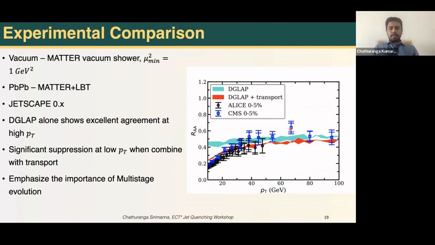As you can see in this graph, DGLAP alone shows excellent agreement at high pT. But at low pT, the suppression is not sufficient to describe the experimental result. But when we include DGLAP with transport using the multi-stage event generator, we can describe the entire pT range. This emphasizes the importance of multi-stage evolution.